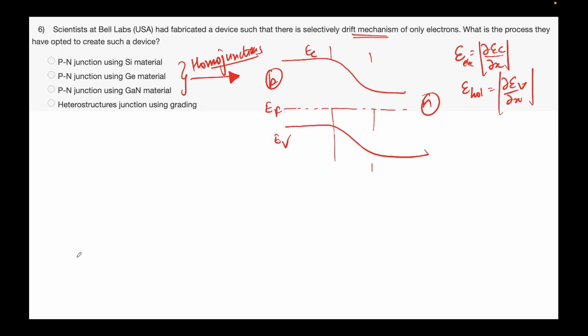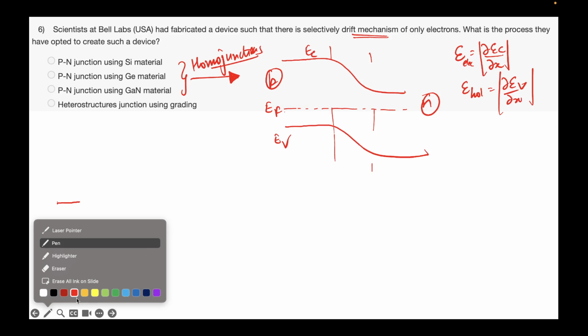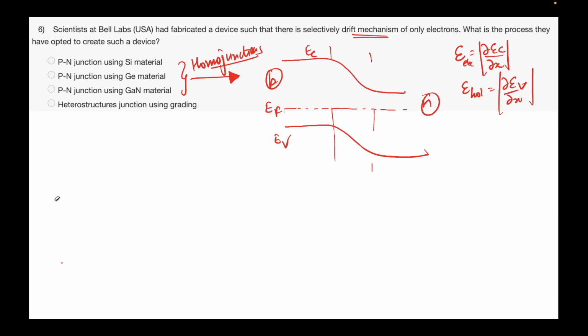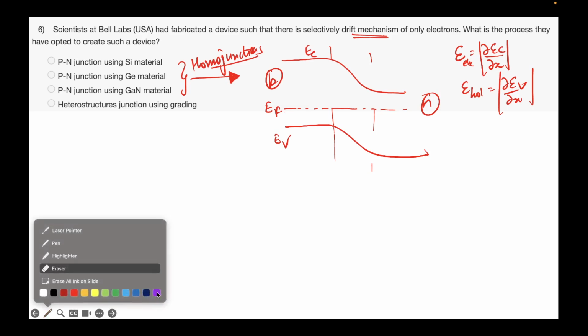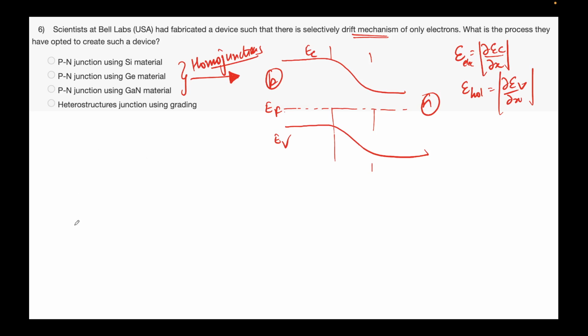So what do we mean by that? Let's say this is my first material, I'll use a different color for this. Let's just say I'm using some material which has this much band gap, and then I use another material which has this much band gap.